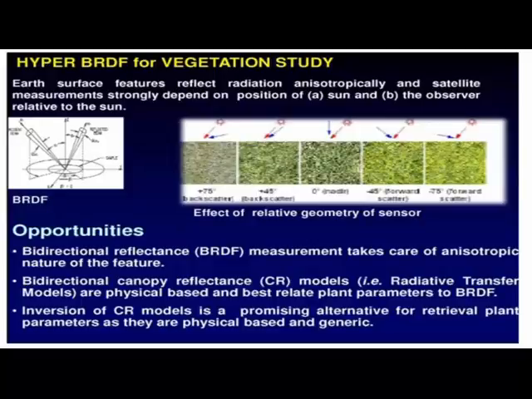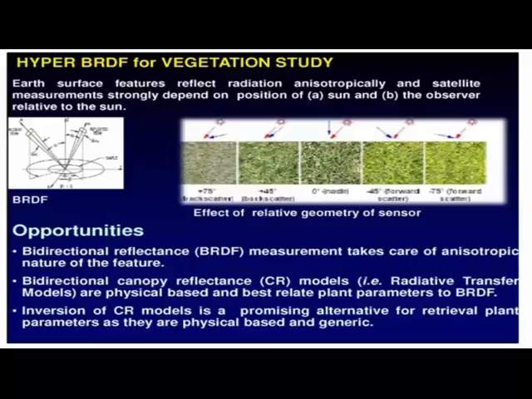So that's the reason why one can look at particular directions with respect to the source. For example, the source is here, the light is falling down on the target down here, and the sensor is here. So from this direction the light is falling on the target and in the other direction it is going back. That's why we call it bidirectional reflectance distribution function, and this is quantified in terms of zenith and azimuth angle.